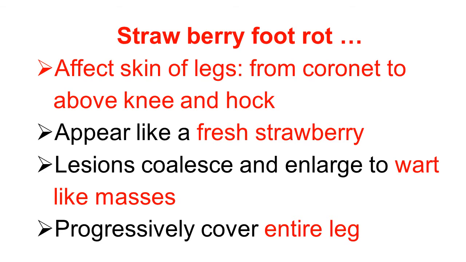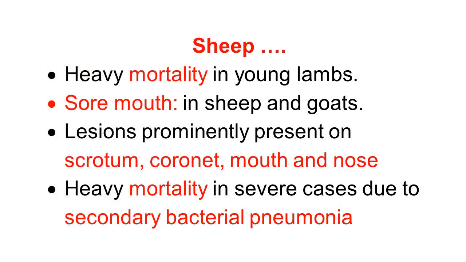This peculiar condition, strawberry foot rot, occurs in sheep. Continuing the discussion on clinical signs in sheep: heavy mortality is observed in young lambs because young lambs are immunosuppressed and mostly remain wet outside, so they are affected more.